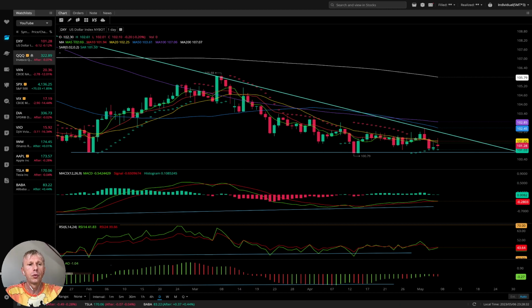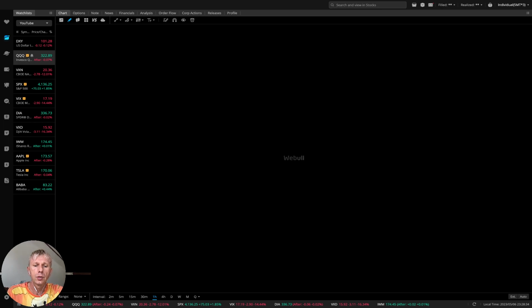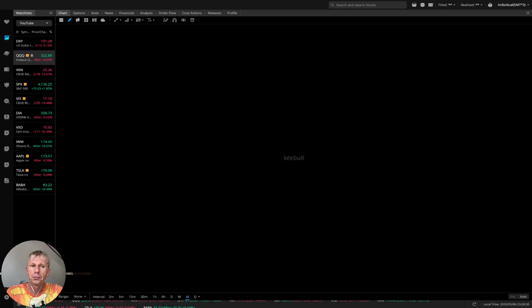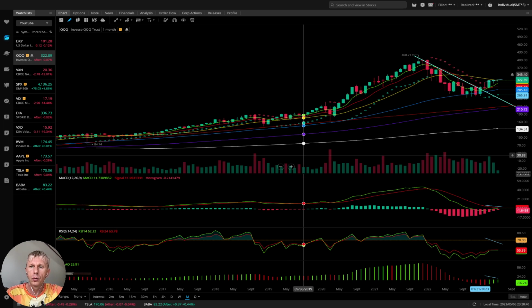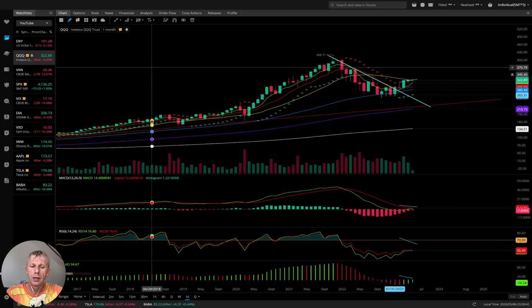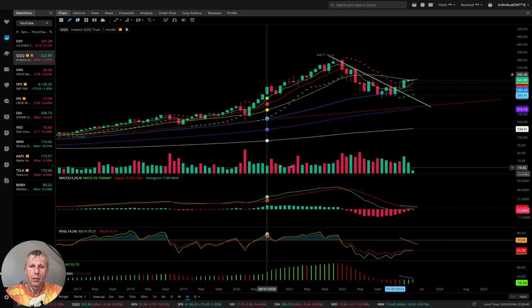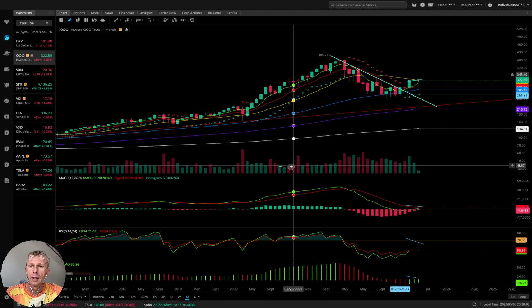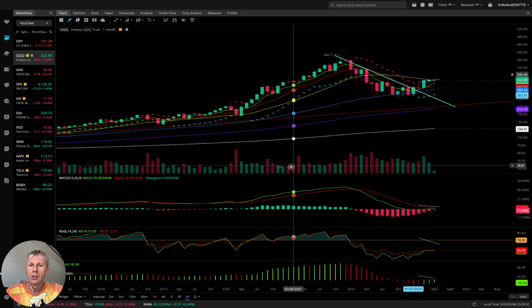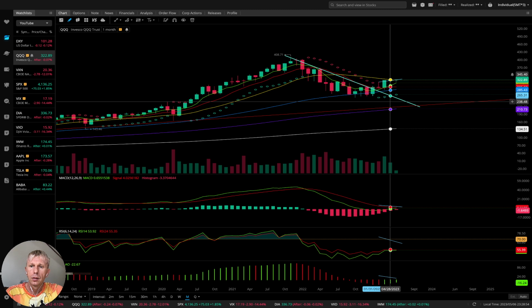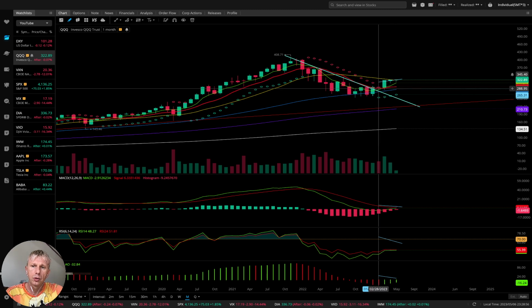Okay, let's move to Qs. Let's start with monthly time frame. Monthly time frame for Qs. This is the major trend line, the blue line. Let me maximize it. It started 14 months ago. It's a bullish trend, MA5 with a bullish crossover over 10.